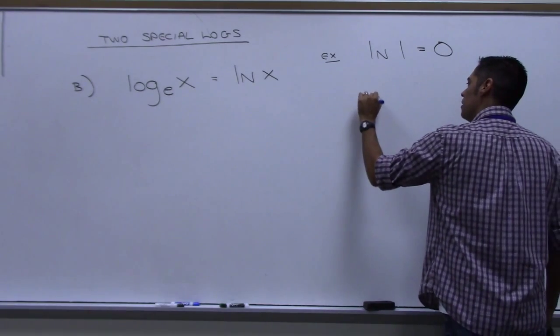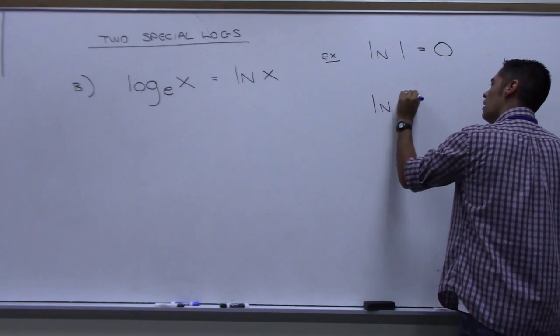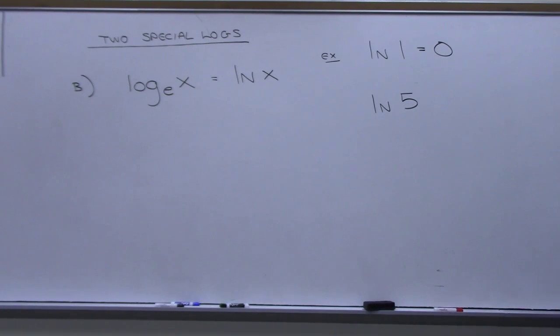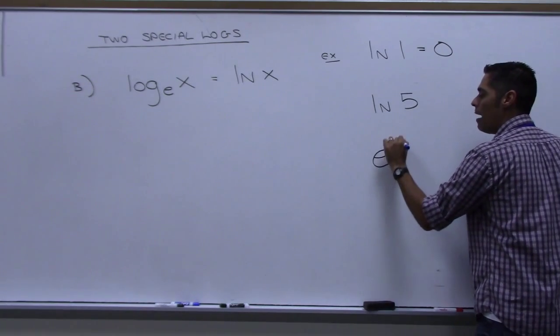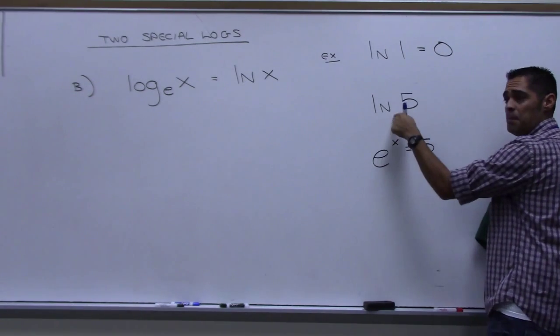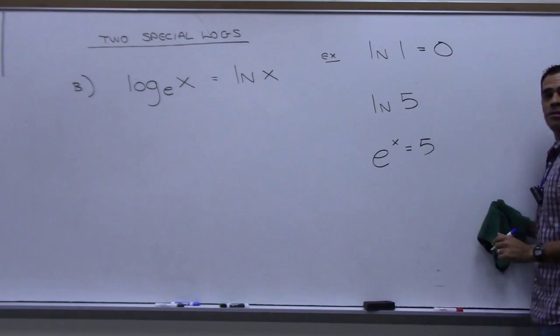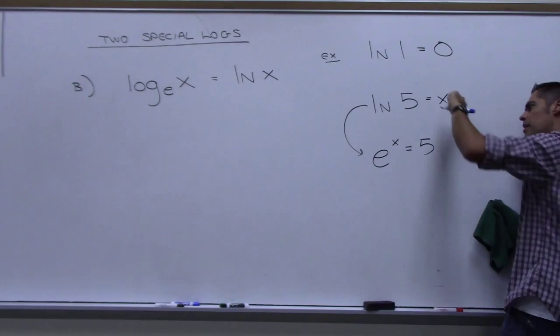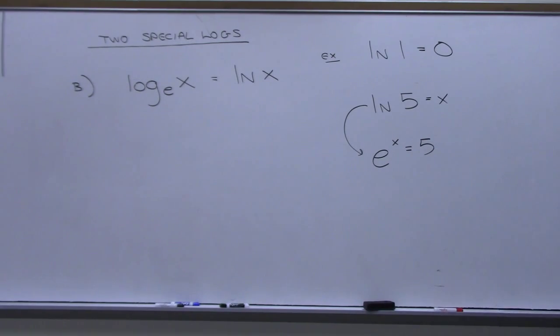How about natural log of 5? So what is the question this is asking? e to the x. e to what power is 5? That's what this means, right? See how I'm converting this over? I'm saying, this is something I don't know what it is, and I'm switching it to exponential form.